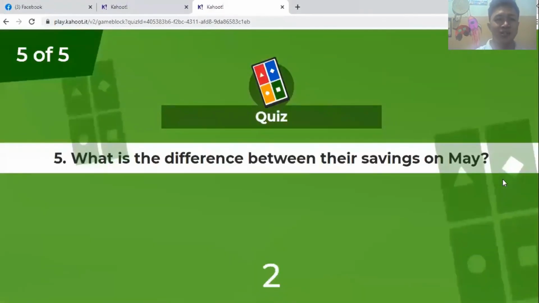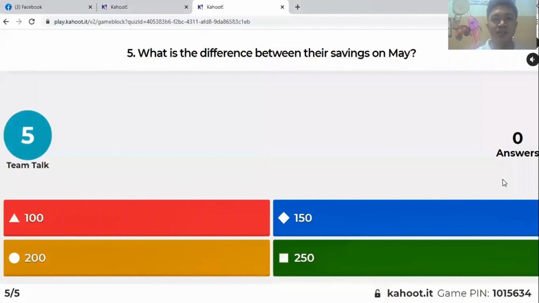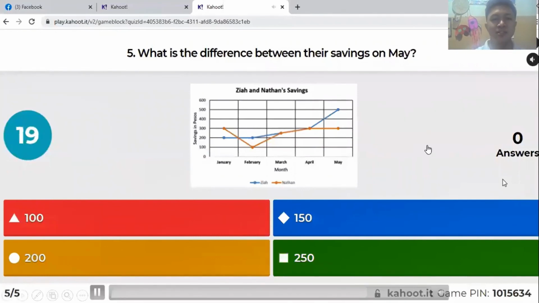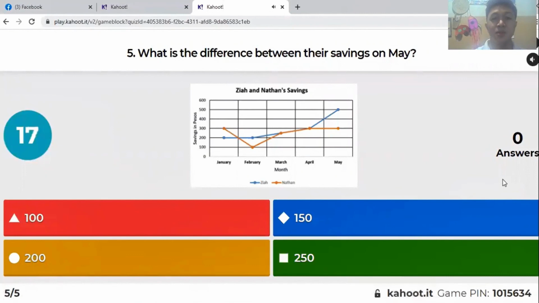And for our last question, what is the difference between their savings on May? Again, what is the difference between their savings on May? Is it 100, 150, 200, or 250?